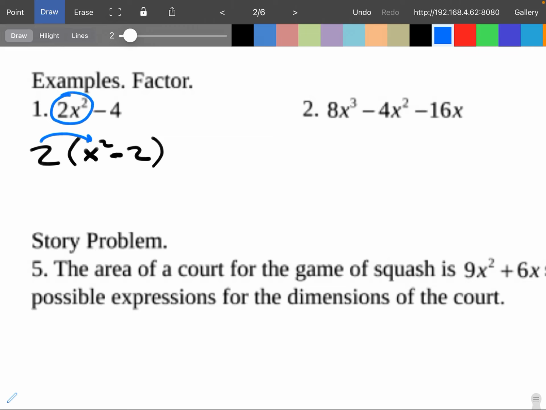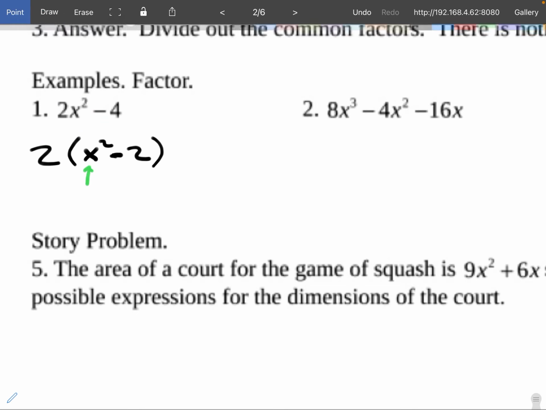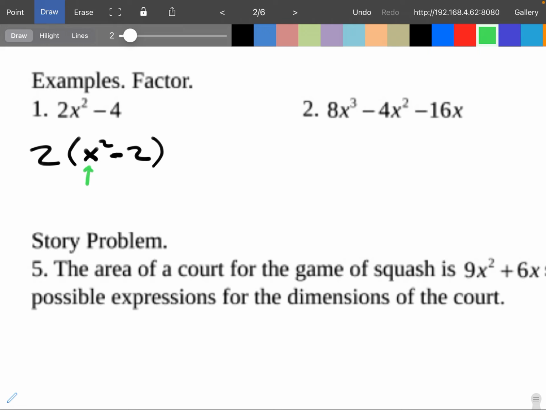So hopefully you see that if you do 2 times x squared, you would get the 2x squared. And then if you do the 2 times the negative 2, you would get the negative 4. So you can always check these. Another way to think of it, which helps some people, to figure out what you're going to fill in right here, is you take the first term and divide it by the common factor.